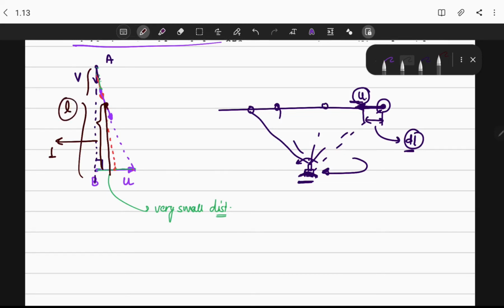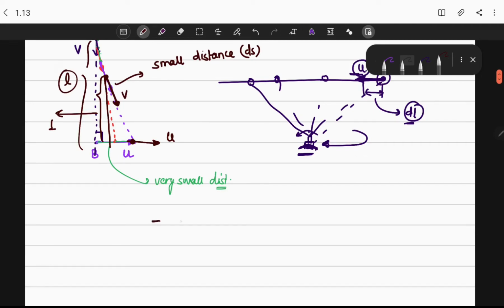This is the direction of velocity, and in this direction this is the velocity of particle B. Now if we assume that in this direction we have a small distance, let us say ds, and we want to know the rate of change of ds, and it is decreasing, that we know, so we can write minus ds upon dt is equal to the velocity in that direction.